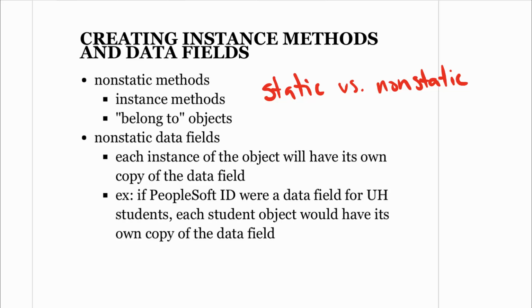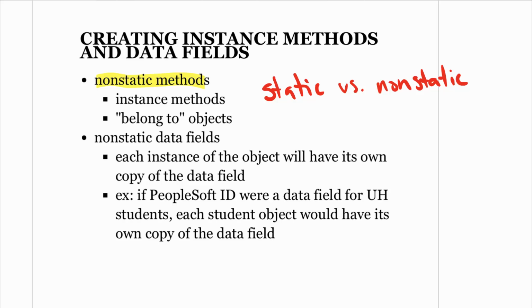So anytime you create a new object, if a static attribute exists, then that static attribute will exist in every single object of that class, whereas a non-static attribute will not exist in every single object of that class. So you have what are called non-static methods.